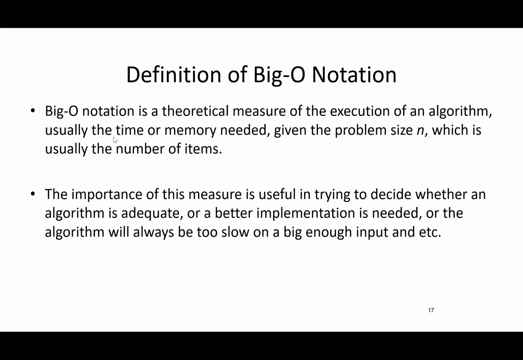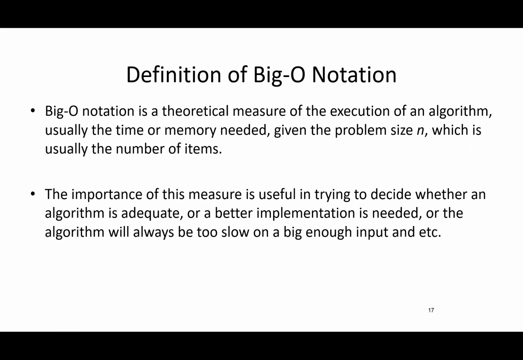Okay, so this big O notation is just a theoretical measure of the execution of your algorithm, usually in terms of the time needed, given your problem size n, which is the number of items. The importance of this measure is that it is useful when you try to decide whether your algorithm is adequate for your requirement, or you need a better implementation.